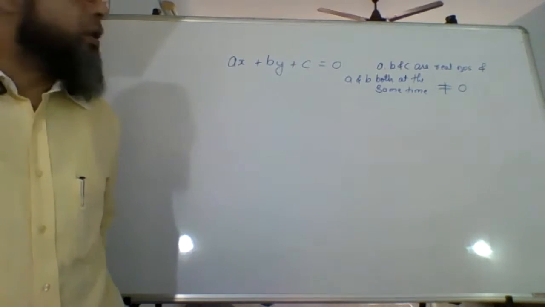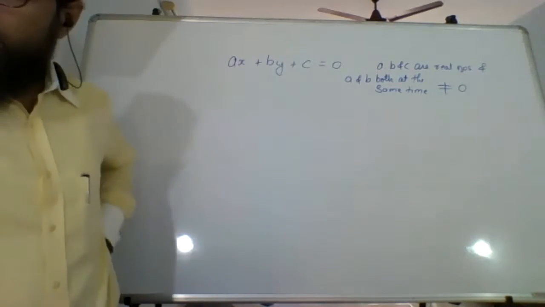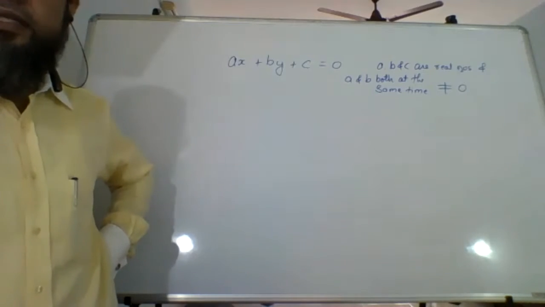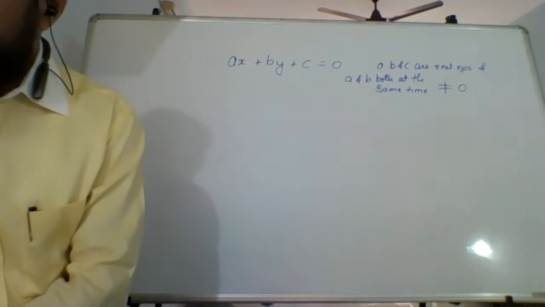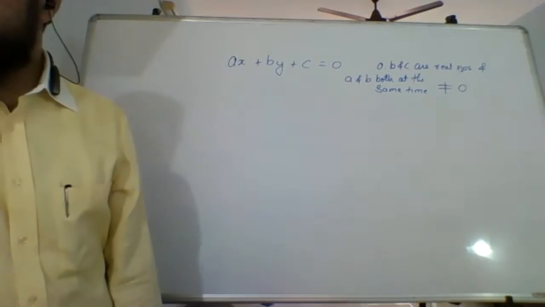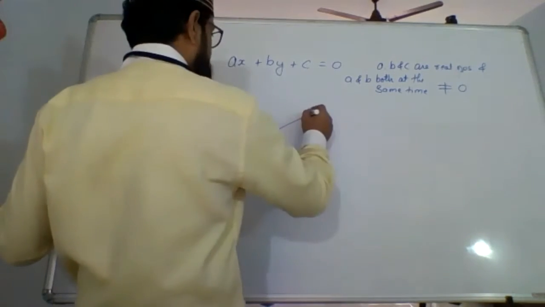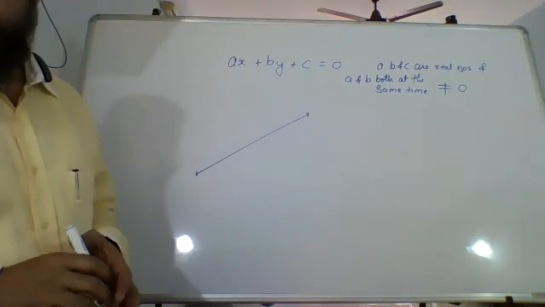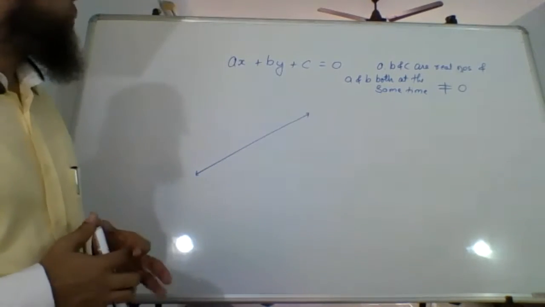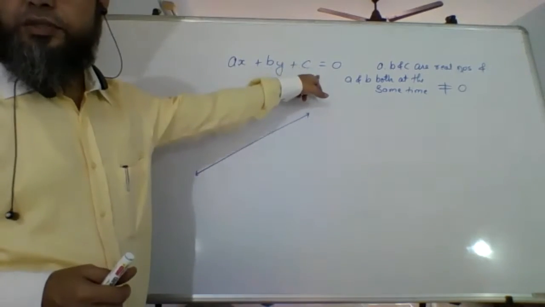Now we will see, or rather, this ax plus by plus c is nothing but an equation of a straight line. Geometrically, this is an equation of a straight line. So any point on this line will fulfill this equation.